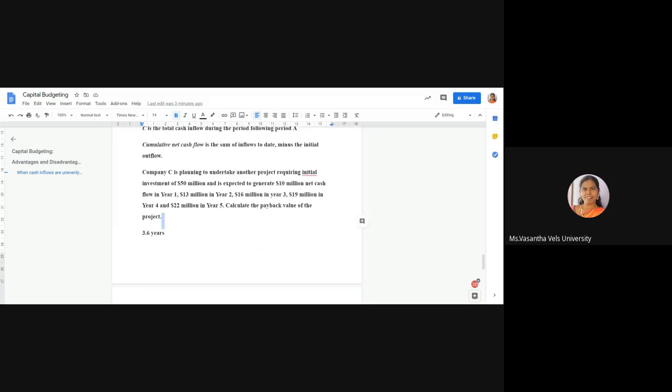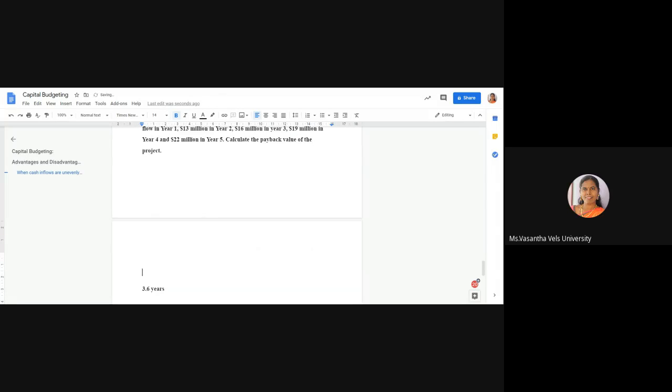First column, year. Second column, cash inflow. Third column, cumulative cash inflow.